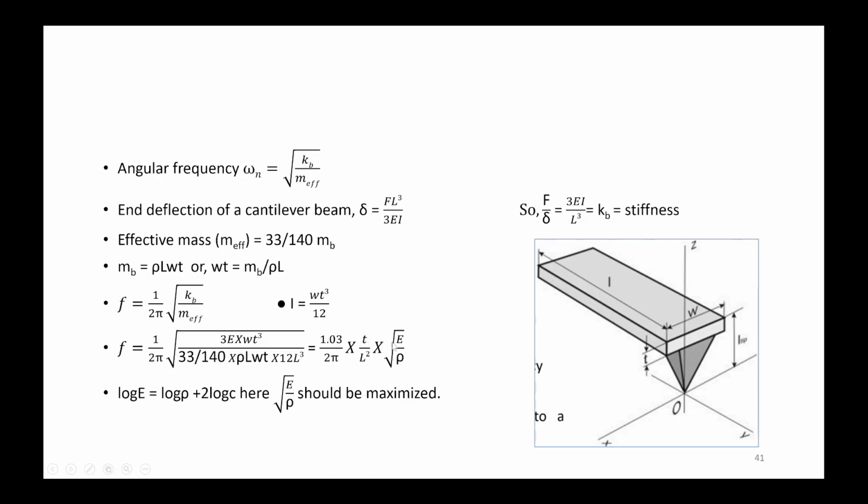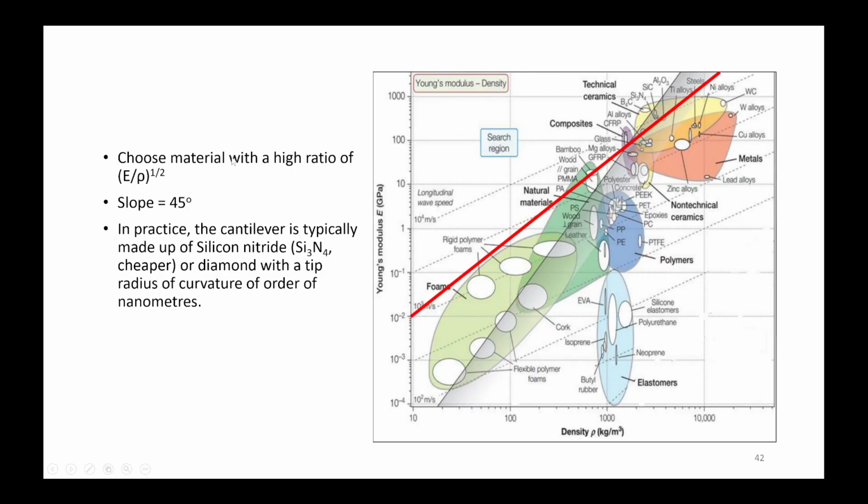Now we'll be getting the material index and then we'll be taking its logarithm. Now we'll be choosing material with high ratio of elastic modulus upon rho, to the power half. So the slope will be 45 degrees. Now we'll be getting this line and the search region will be above this. So these materials will be our appropriate materials.